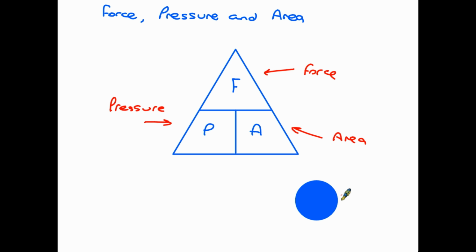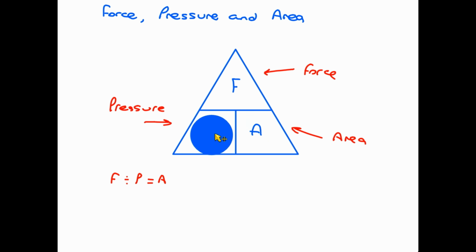So, using our thumb again, if we have a question that is asking us for the area and it is giving us the force and pressure, I'm going to look at units a little bit later on, then we know that F over P, so force divided by pressure, equals area.